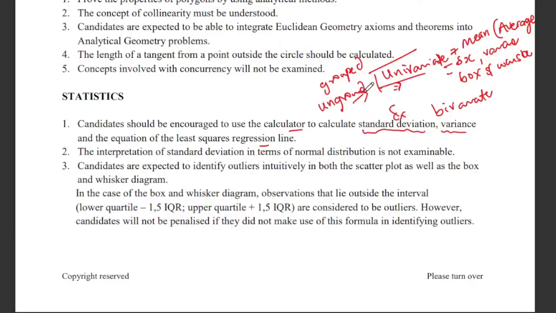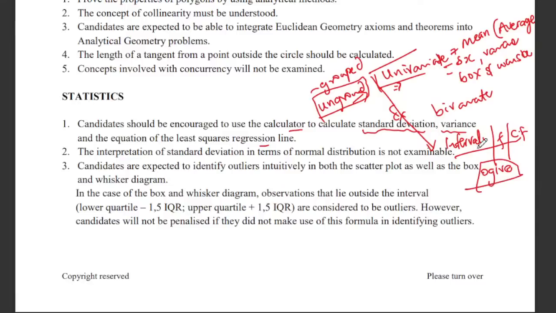So with this mean, standard deviation, and variance, it goes for ungrouped. When it comes to the grouped, which deals with the intervals or classes, that's where we have the frequencies, the cumulative frequencies, and also the ogives, or the cumulative frequency graph.